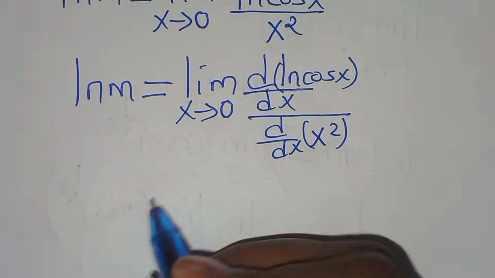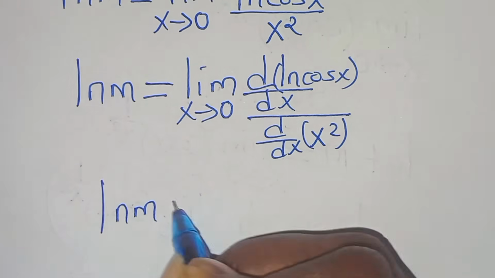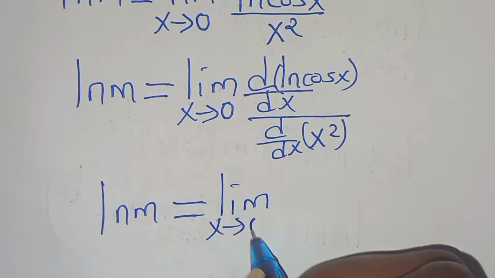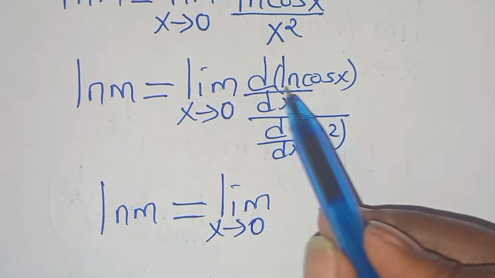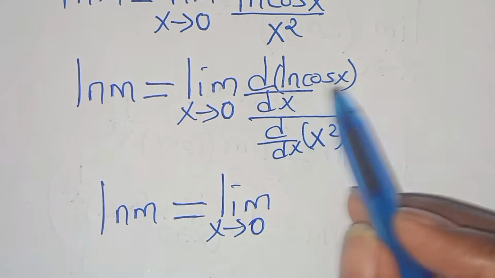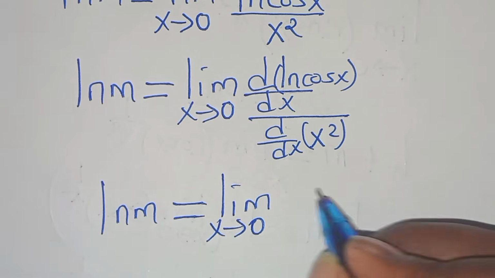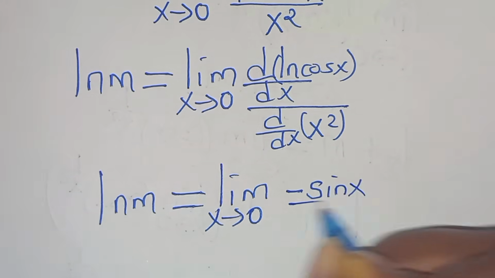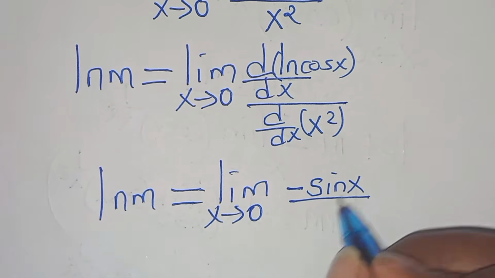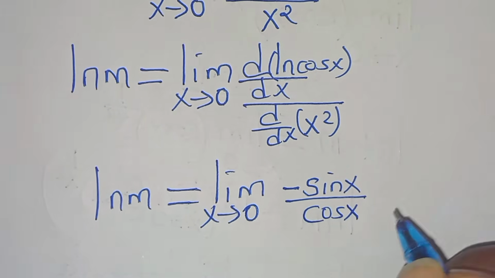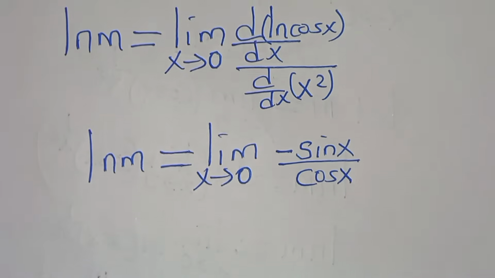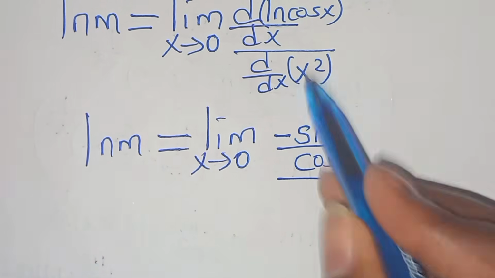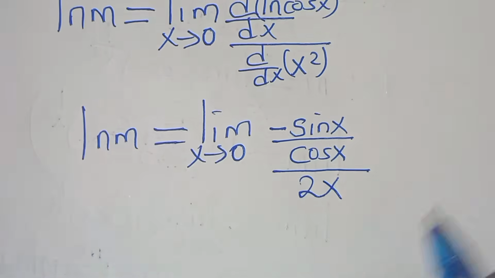Now here we have ln of m equal to the limit as x tends to 0 of the derivative of ln of cos x, which is minus sin x divided by cos x, all divided by the derivative of x squared, which is 2x.